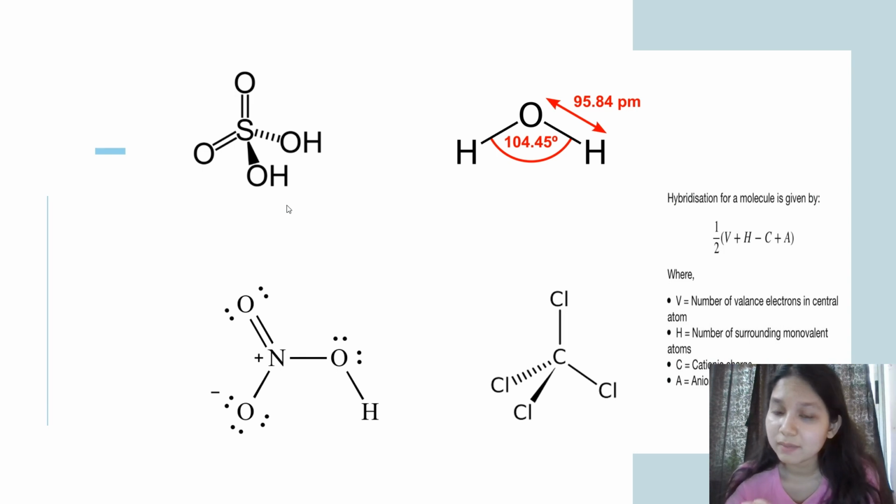And sp3 hybridization corresponds to which geometry? Anyone? Like in case of boron trichloride, we found that sp2 hybridization corresponds to trigonal planar geometry. Similarly, sp3 hybridization corresponds to which geometry?